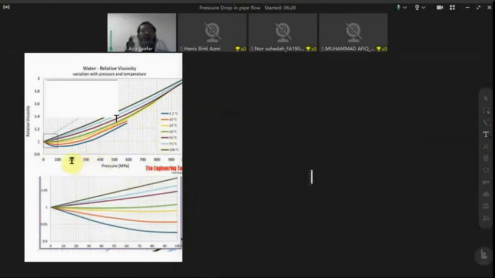So we find that the viscosity is increasing when pressure is increasing and we have decreasing temperature, and then we have increasing pressure to the right. So at low temperature, the dynamic viscosity of water is increasing.